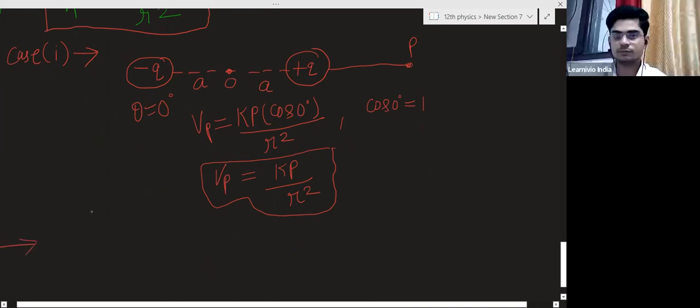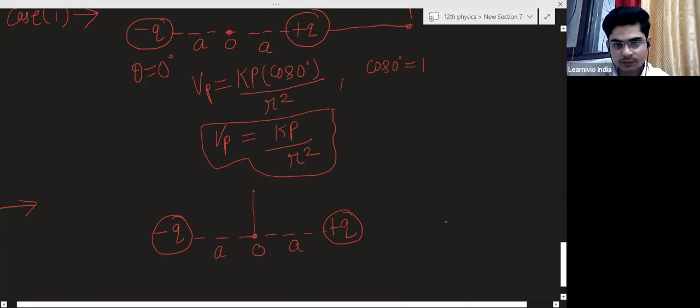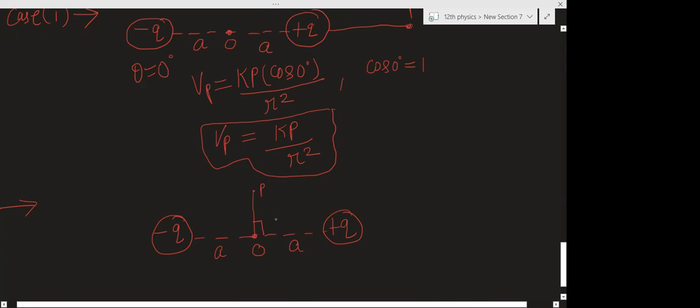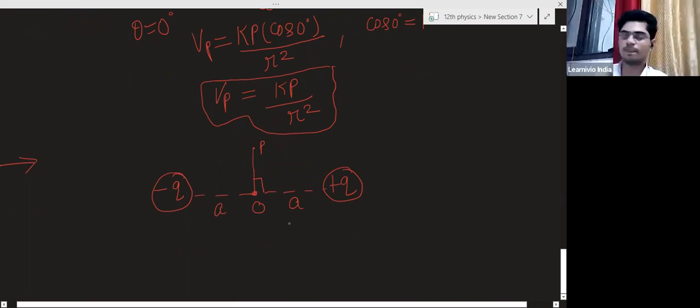So now I am moving to the next case. Suppose this is minus q and this is plus q, and they are separated by some distance, and this is point A. And if I want to calculate the potential at this point P, which is on the perpendicular bisector of this dipole, now it's very easy.